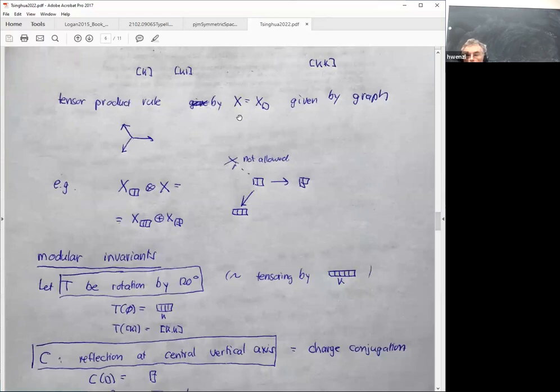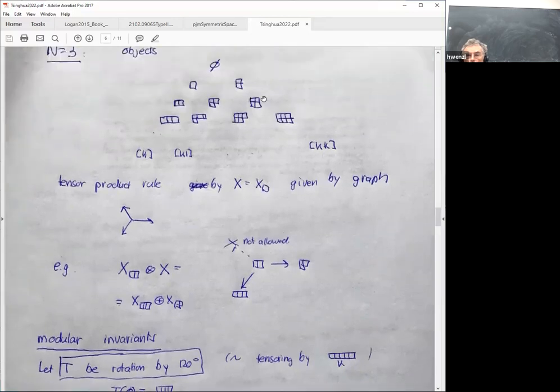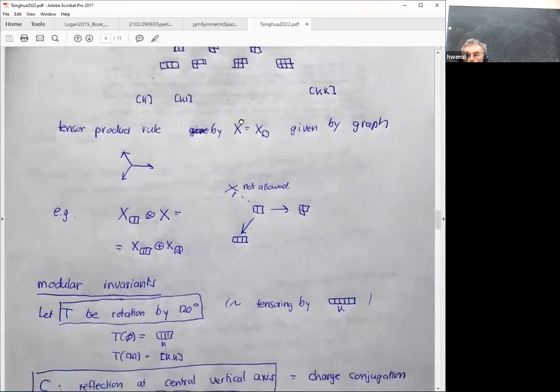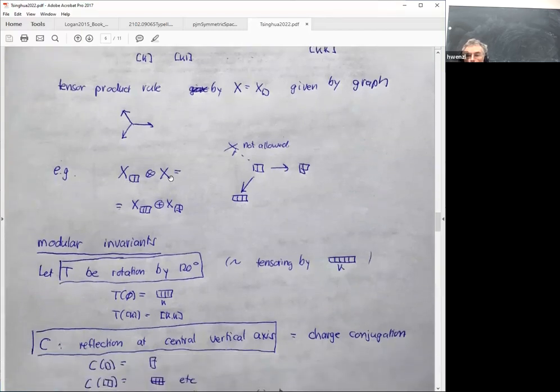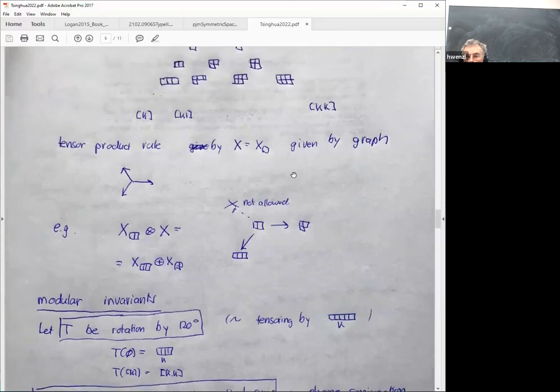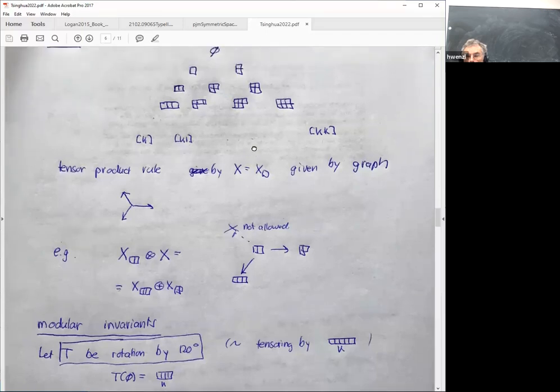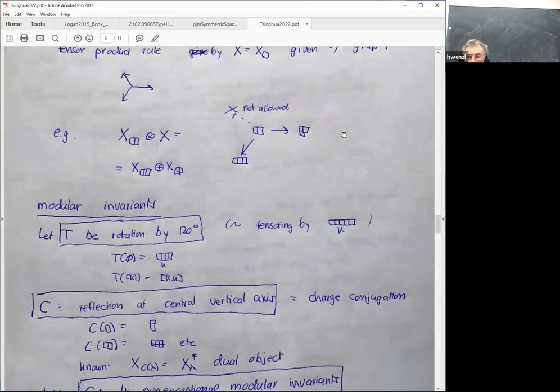Basically, if we want to tensor a representation, we put it into this Pascal triangle, add all these arrows, and write down whatever is allowed to exist, which is in this triangle. So here's an example: x, the 2-row thing, tensor with x. You can go down to the left, you can go to the right, but you cannot go up because there's nothing up there. So we get this.